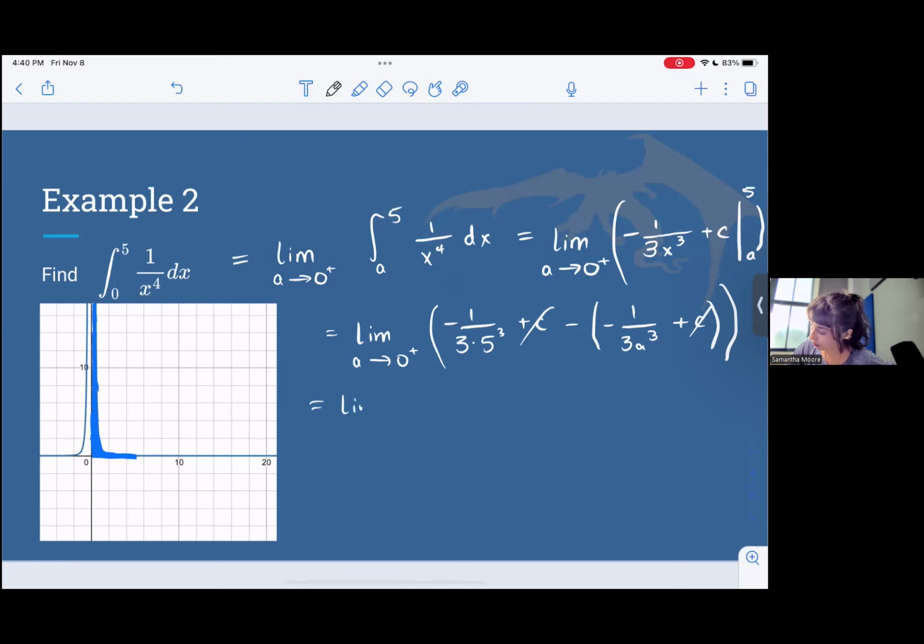And so I'm looking at the limit as a goes to 0 from the right of 1 over negative 375 plus 1 over 3a cubed.